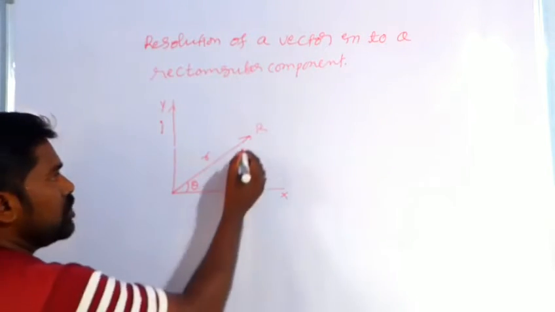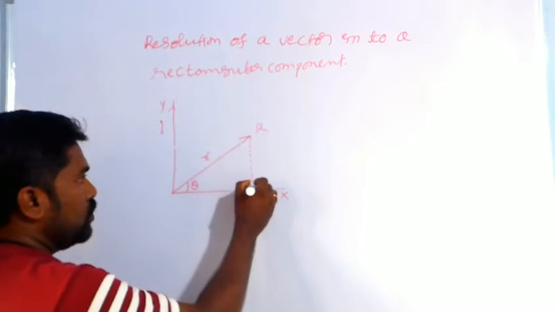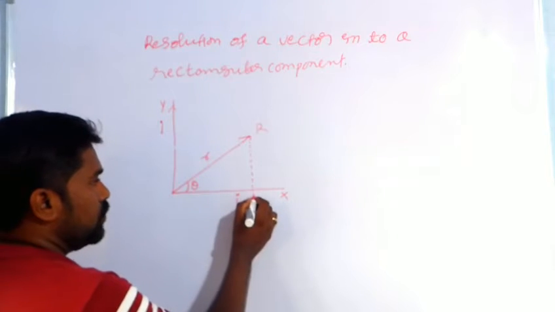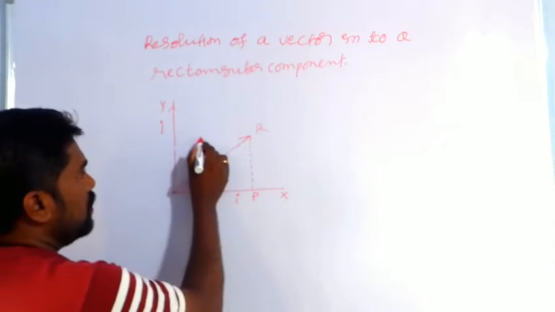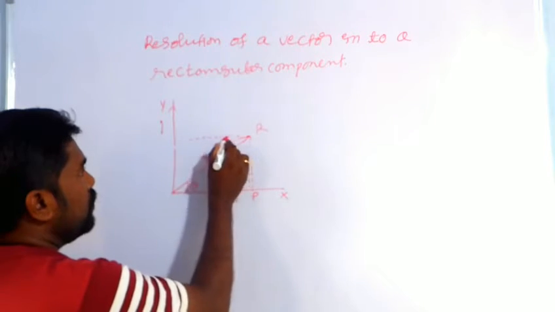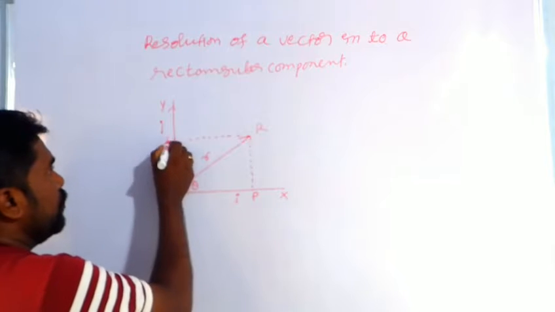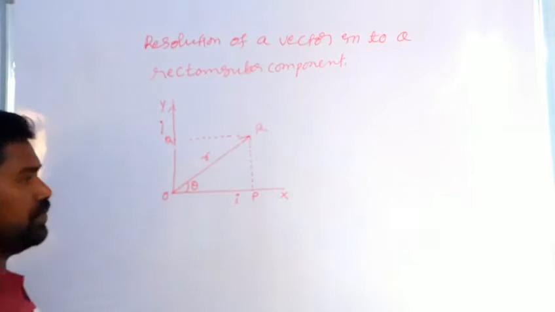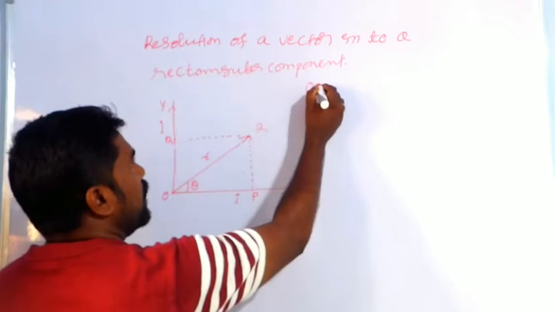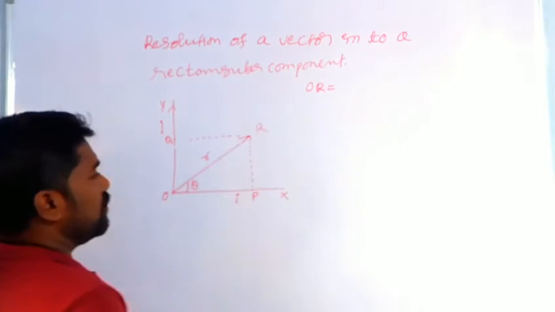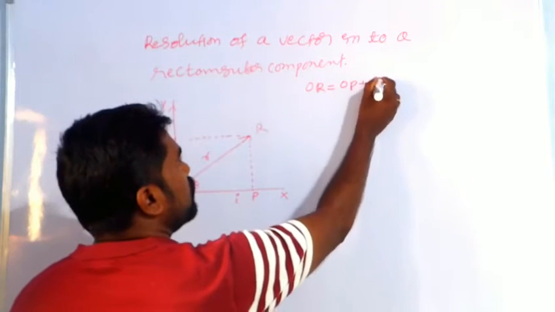Here we draw a perpendicular from R to the x-axis. This point is known as P. Similarly, the perpendicular drawn from R to the y-axis meets at Q. This is the origin O. From this figure we can write OR equals OP plus OQ.